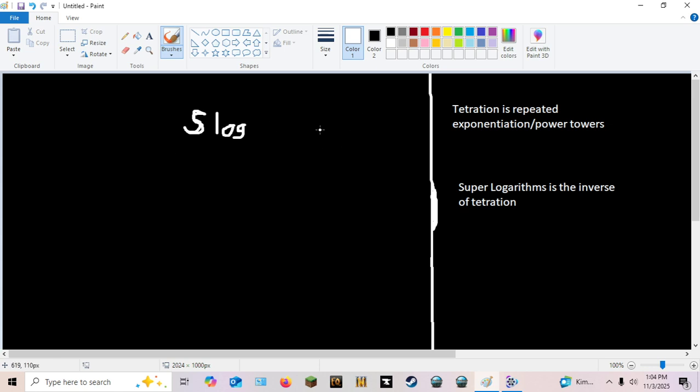It's a higher priority than logarithms, if you're confused. So let's say, what is superlogarithm base 2 of 16? Well, it's 3 because 2 tetrated to 3 equals 16. That's how you convert it to tetration form.